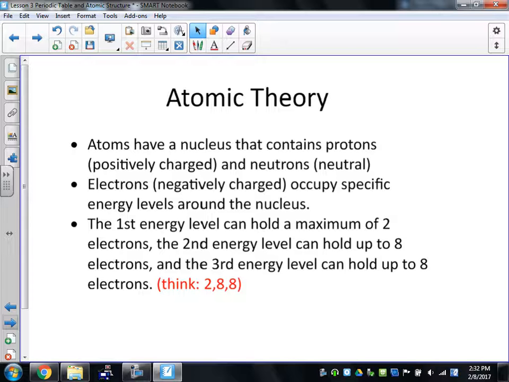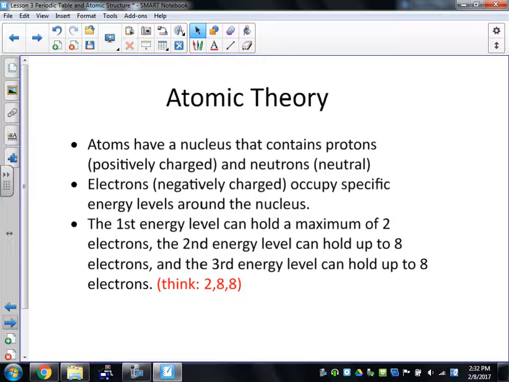In fact, even in Chem 20, we don't go past there a whole lot. But listen, if you forget how many electrons there are, it's easy. Get your periodic tables out. Follow with me. How many electrons can go in the first one? Look, 1, 2 can go in the first energy level. That's where that comes from.